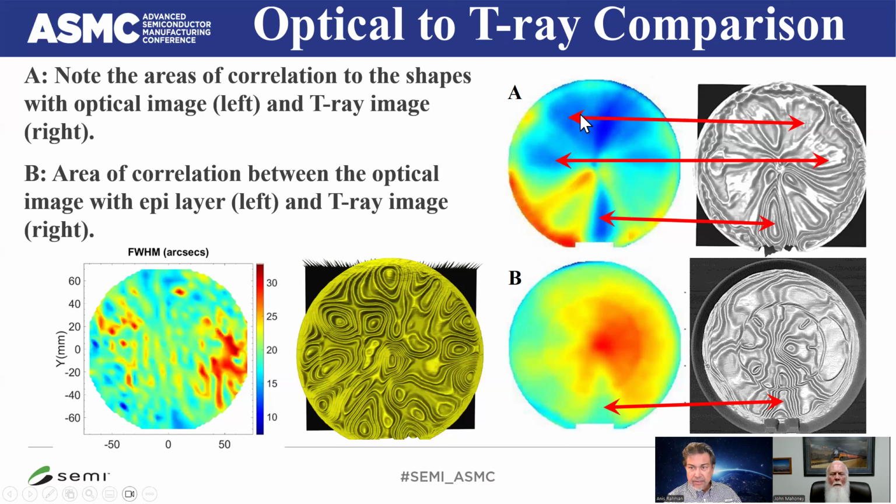The optics is not totally missing it. This is the most modern optics instrument, A and B, and these images are produced from the most modern, quote unquote, $1 million optical instrument. So they see something, but not as clearly as the T-rays see.